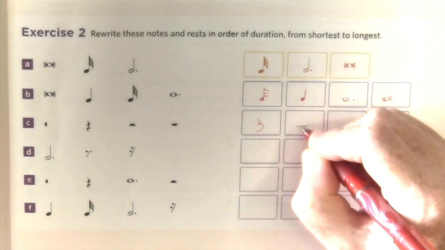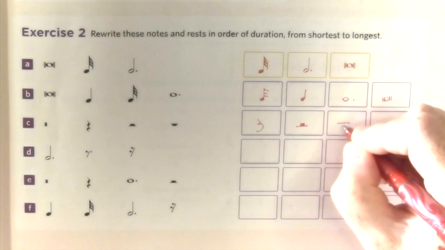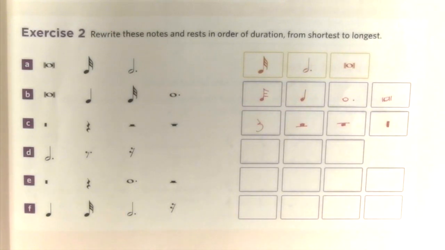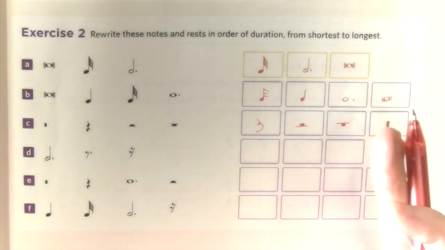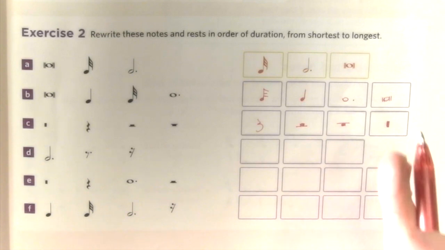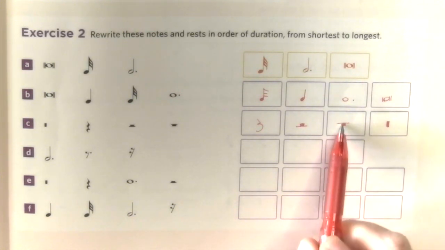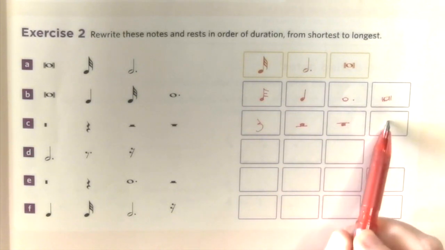Then we have minim, then we have semibreve, and then we have breve, where the rectangle is basically flipped. It is turned around, so it's not horizontal, but it's vertical.